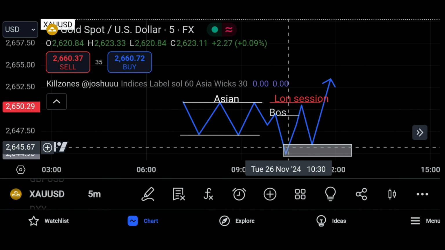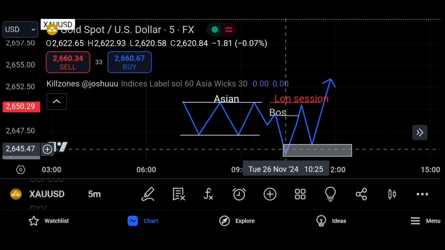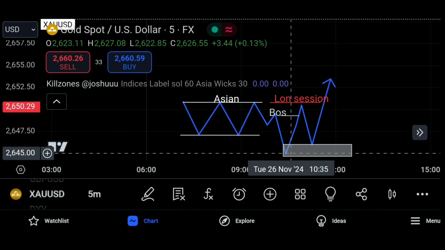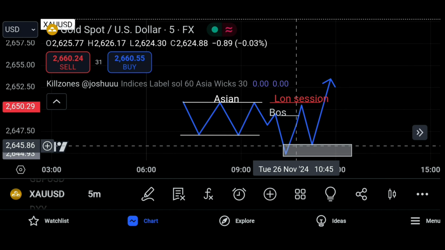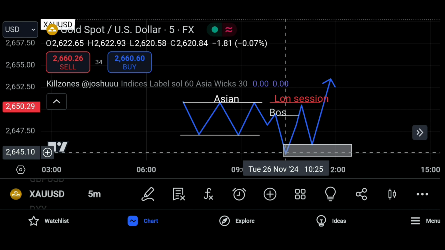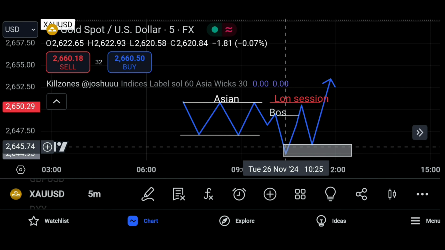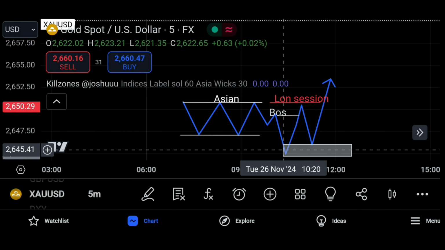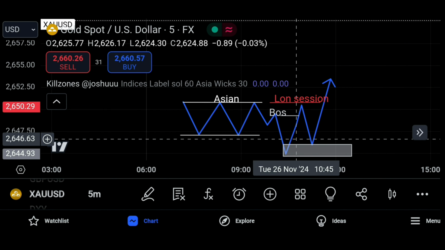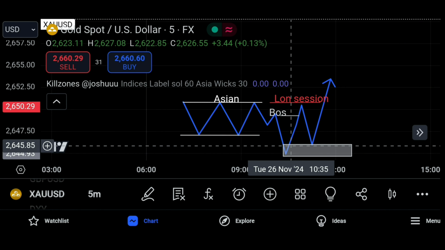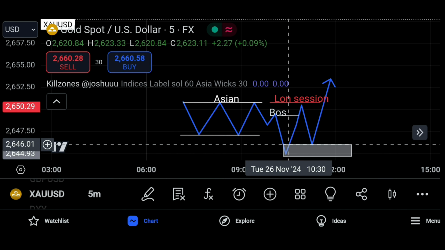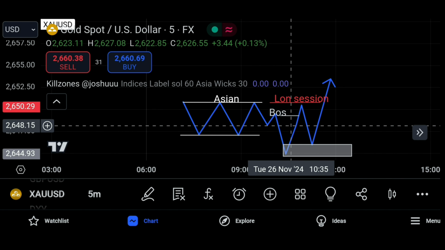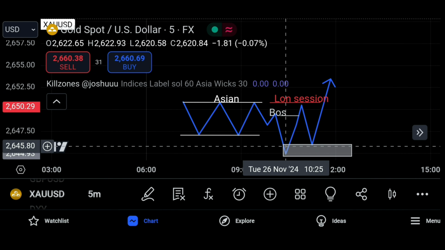This right here, the demand could be an order block, it could be a fair value gap, it could be anything that in the first market we regard as demand, or any support that you find around this area. But normally it's either an imbalance or an order block.